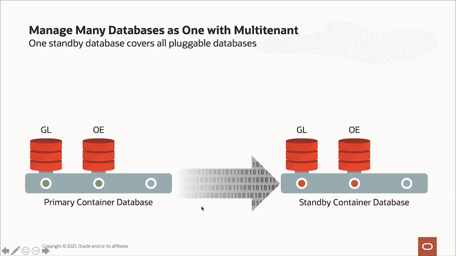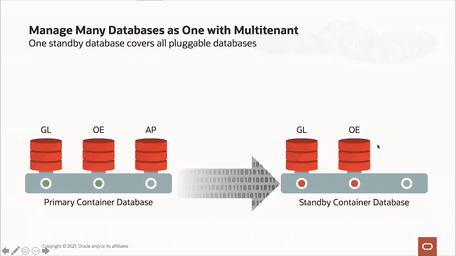And so you set up DataGuard at the CDB level. Here's our primary container database. Here's our standby at some remote location. And this single redo stream is replicated. So all of the pluggable databases in your primary are protected by having their transactions replicated to the standby.